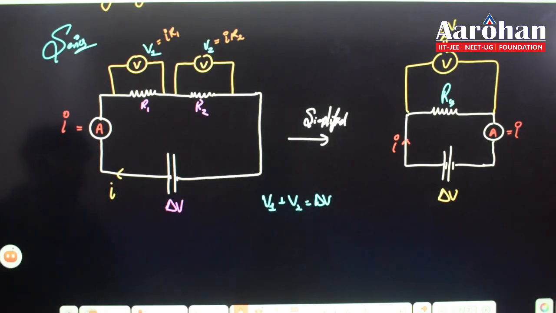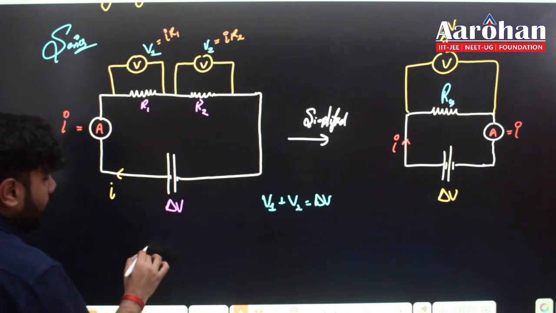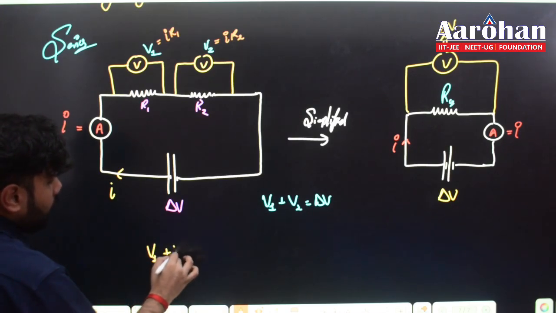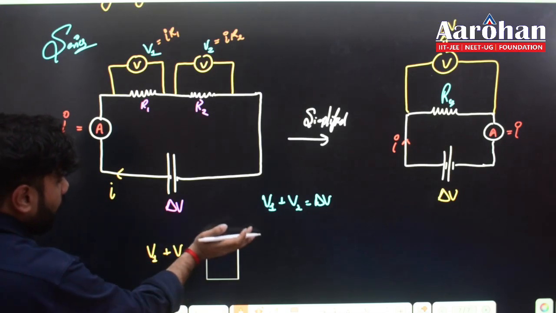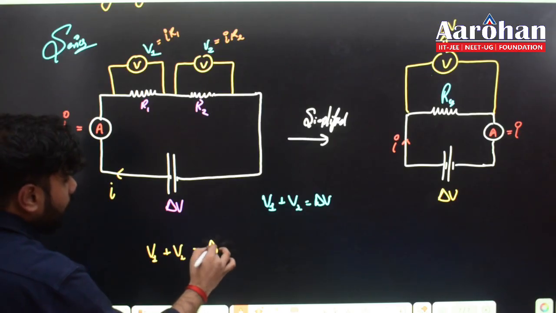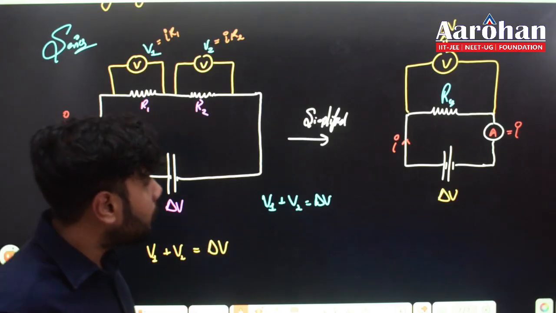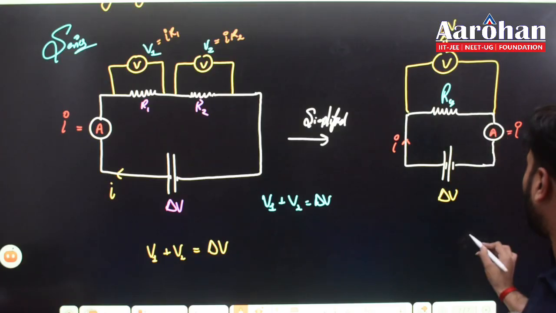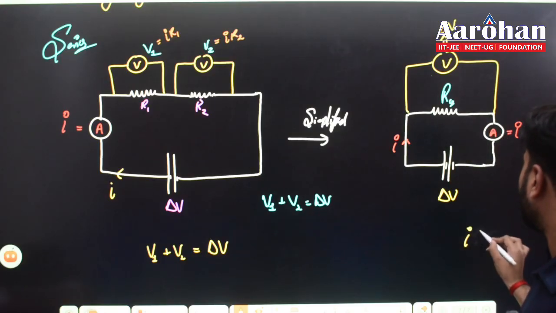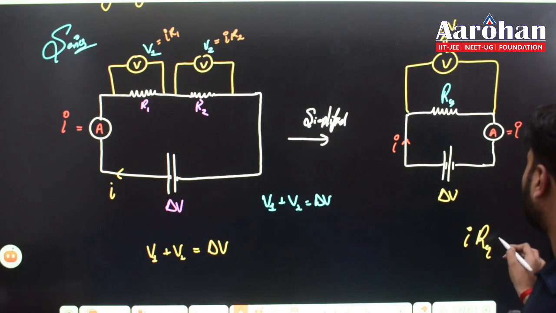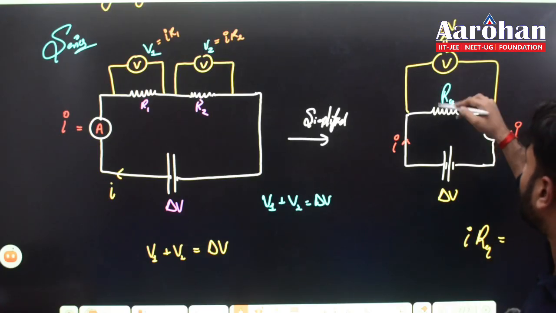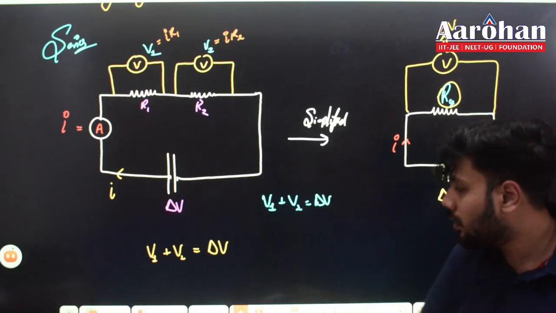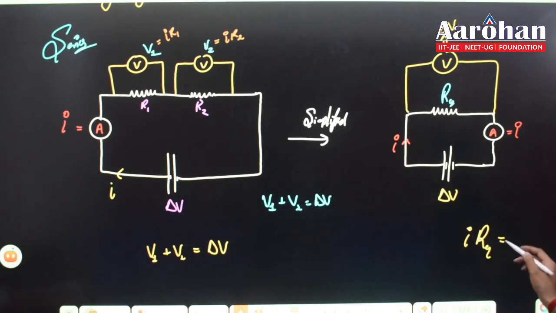So what we can see here is that V1 plus V2 equals delta V. If you see this picture also, the current passing through is I and the resistance is R equivalent. So I can say the potential drop across this resistor is also I times R equivalent. That means it must be equal to delta V also. Got it?